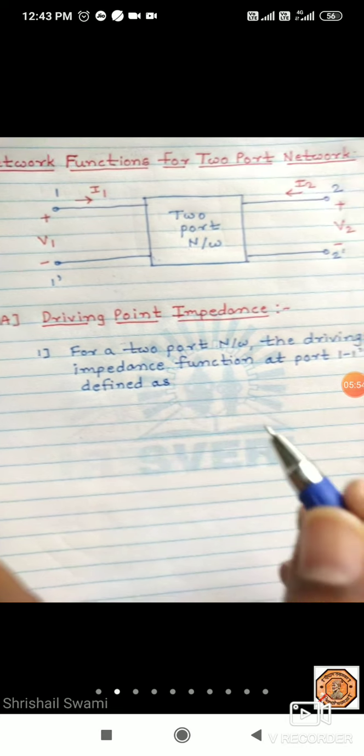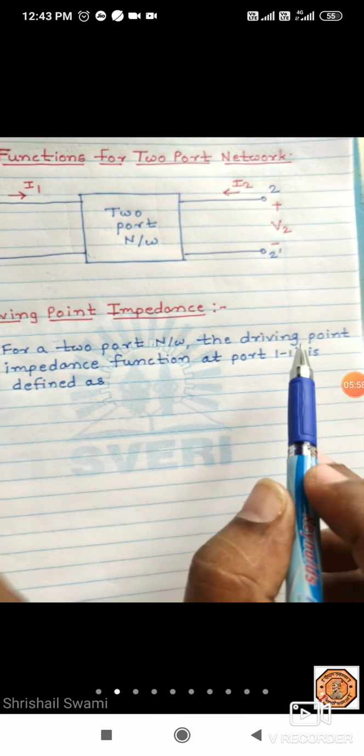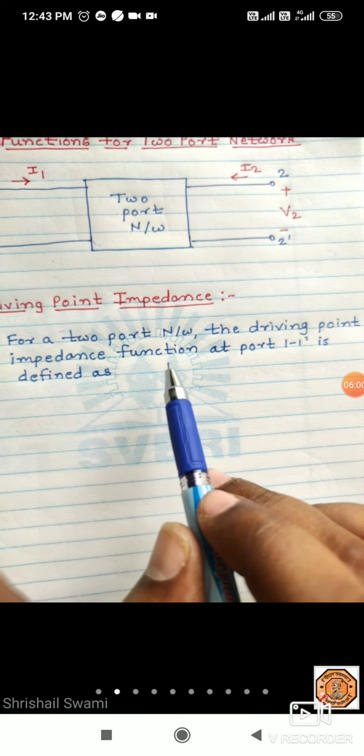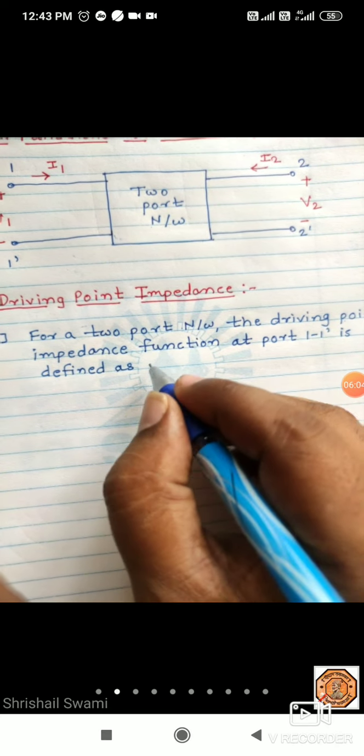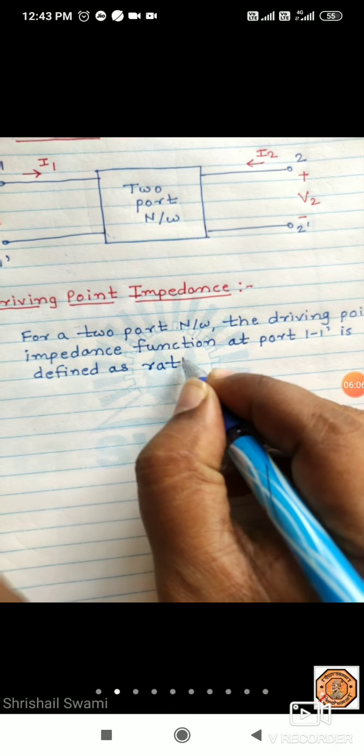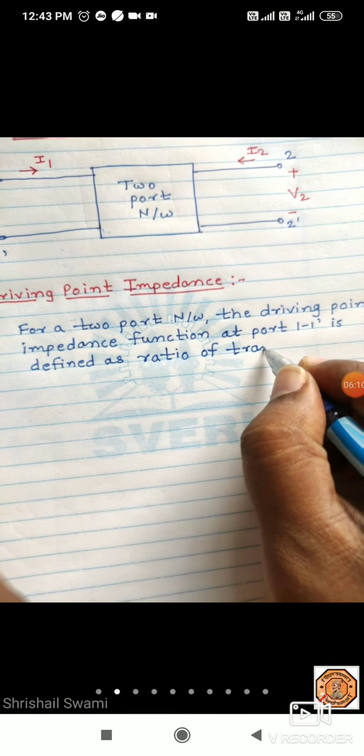Today we are looking at all the definitions and equations for a two port network. The driving point impedance function at port 1 dash is defined as the ratio of transform voltage.